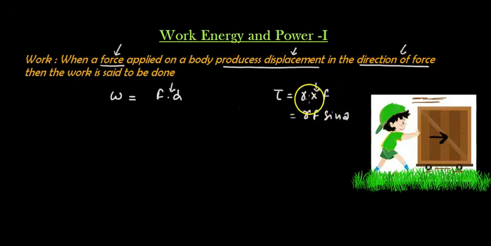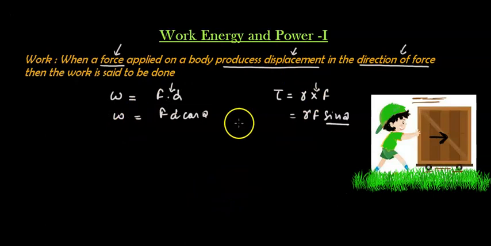So in the case of vectors, when we multiply two vectors with a cross, we get sine theta, and when two vectors are multiplied with a dot, we get cos theta. So the best way to define work is that it is a dot product of force and displacement.